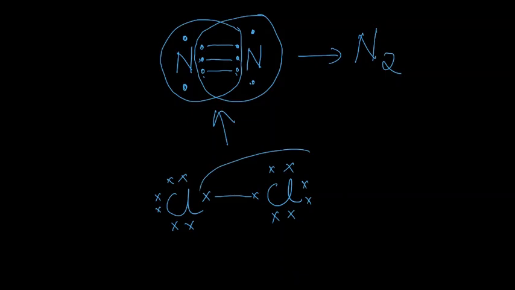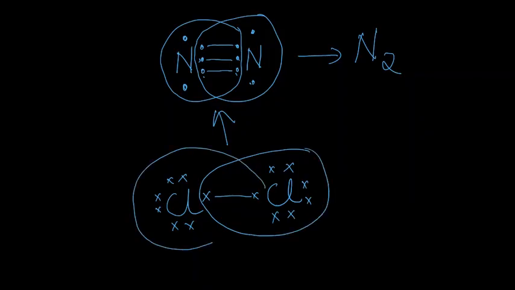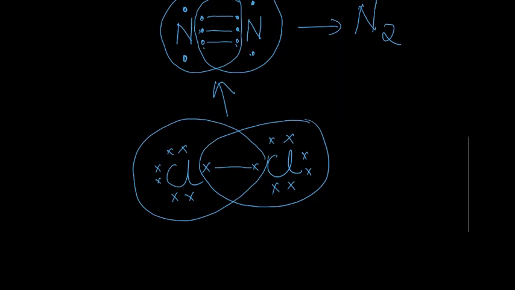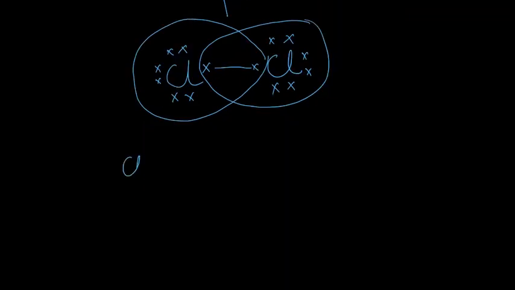So this chlorine has 8 electrons now, octet configuration, and this chlorine also has 8 electrons now. So there we have, by a single dash, a single covalent bond. Then we have oxygen, double covalent bond, and then we have nitrogen, triple covalent bond.